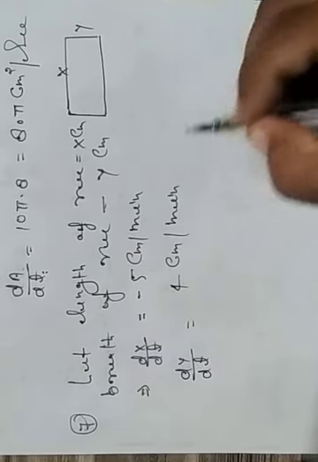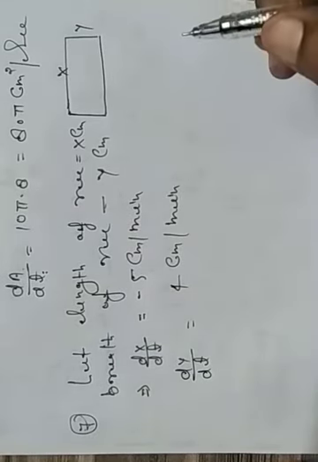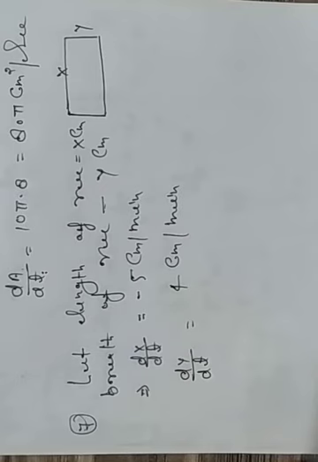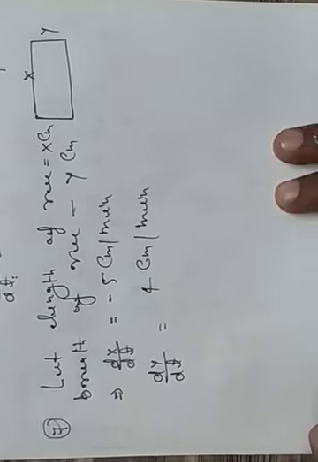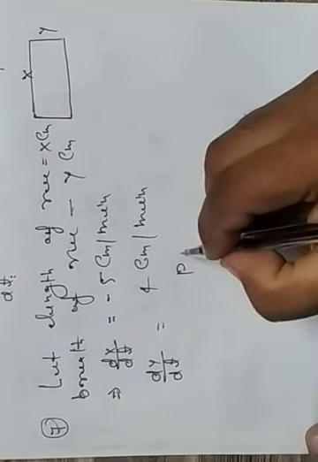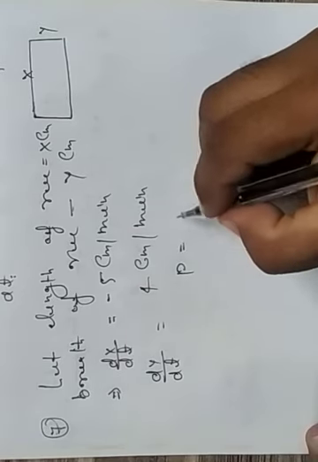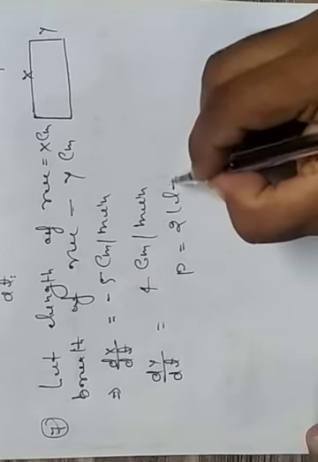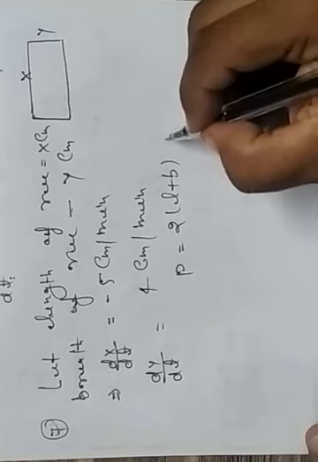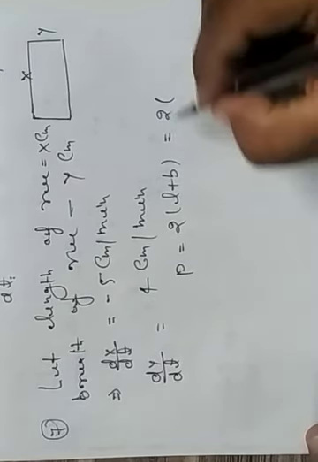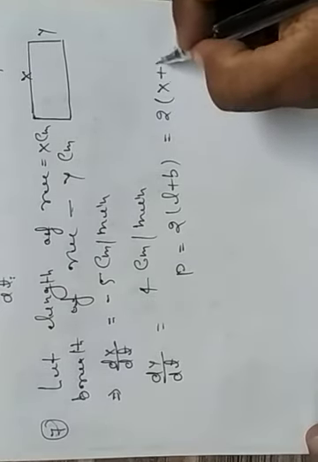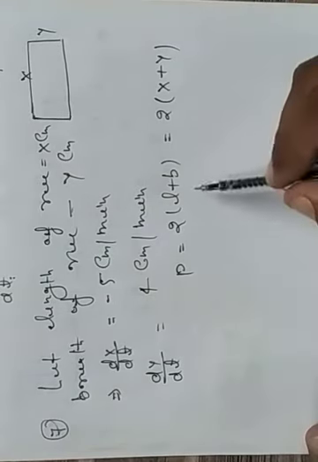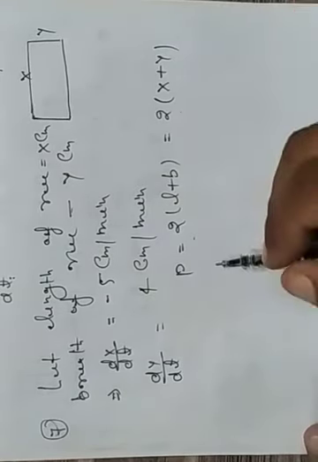So student, the question is saying find the change in perimeter. We know that perimeter of rectangle P is equal to 2 times (L plus B), where L and B are x and y here. Now differentiate both sides with respect to time.